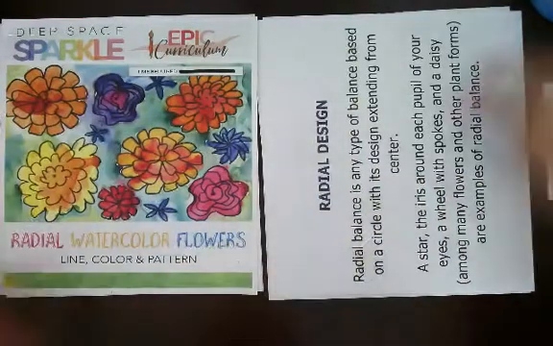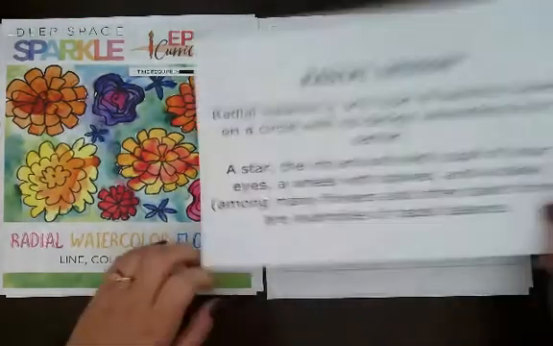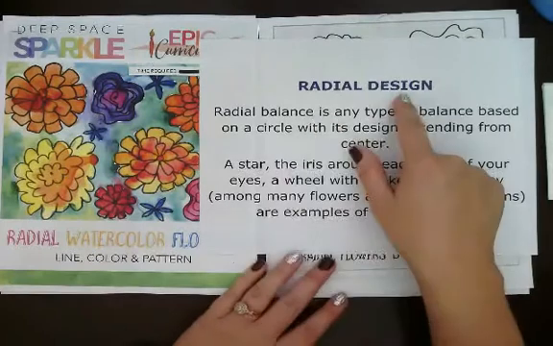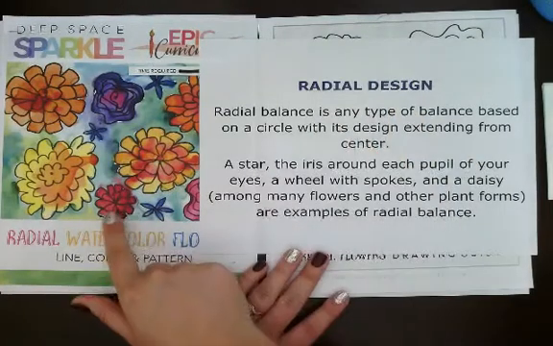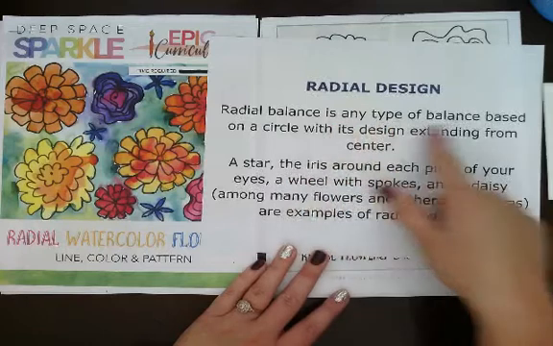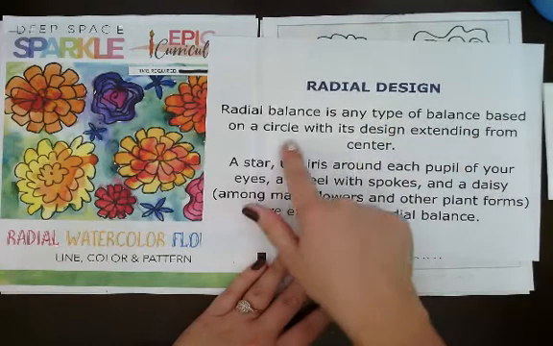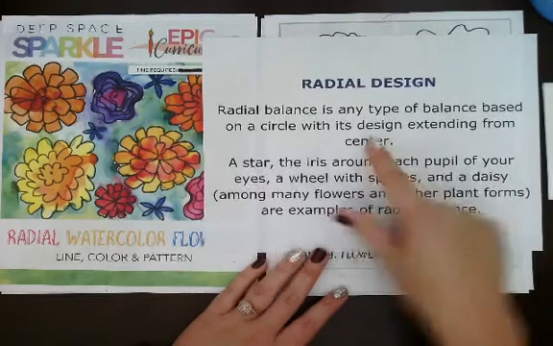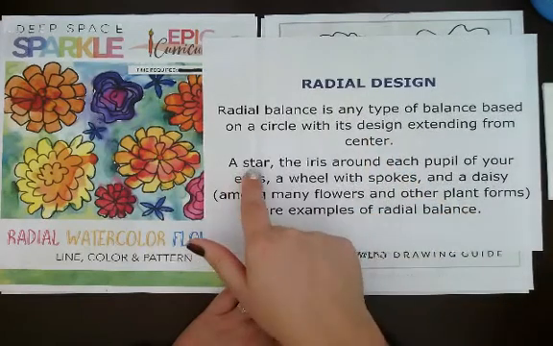So let's look at a little bit of a different definition. Radial design. That's what we're going to be using for our radial watercolor flowers. Radial balance is any type of balance based on a circle with its design extending from the center.